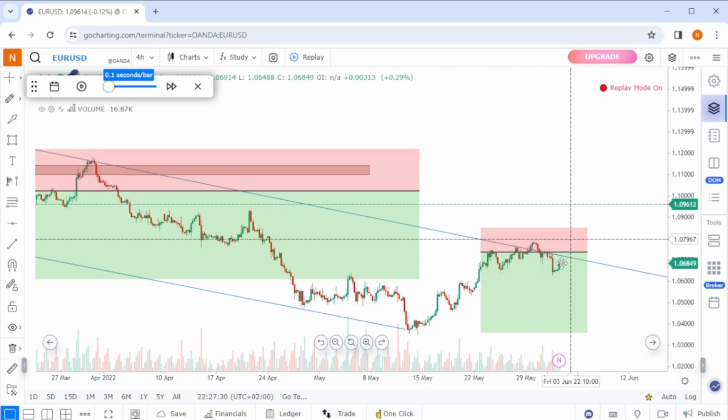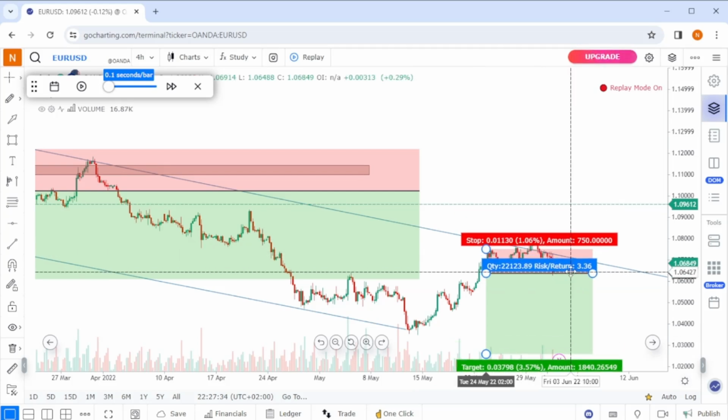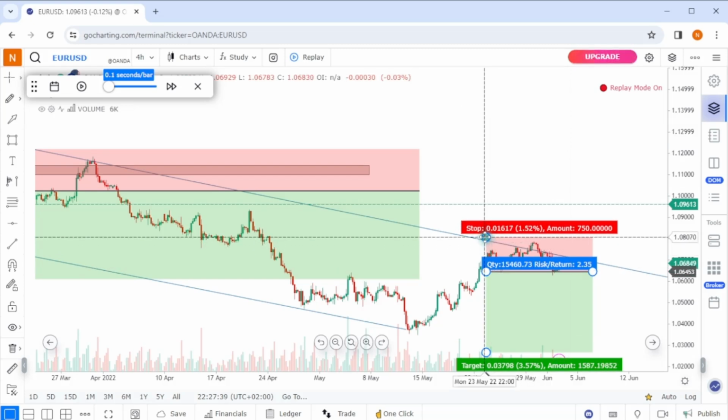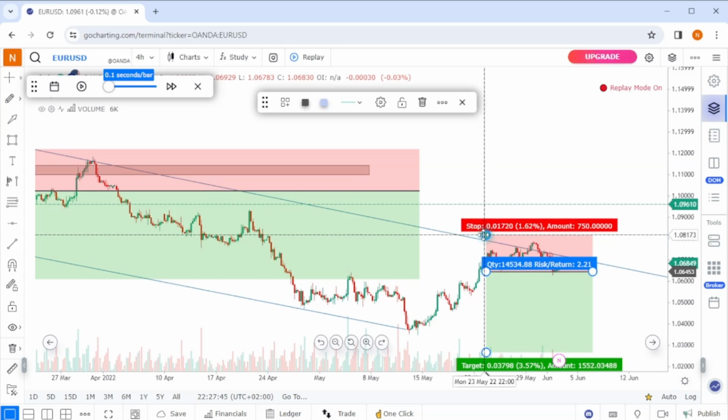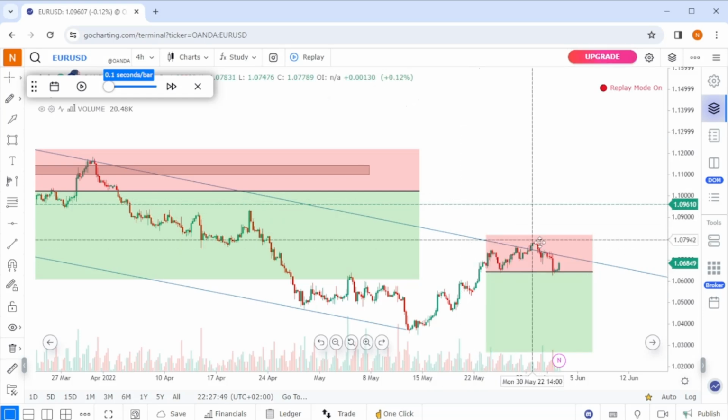Okay, so after getting this strong bearish candle right here, I would have entered. And what you want to do is place your stop loss just right above your previous high, this area right here.